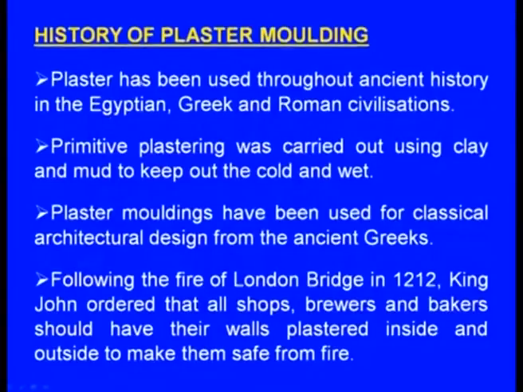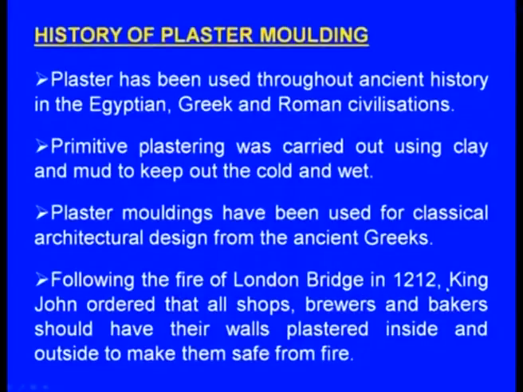Plaster has been used throughout ancient history in the Egyptian, Greek and Roman civilizations. Primitive plastering was carried out using clay and mud to keep out the cold and wet. Plaster moldings have been used for classical architectural design from the ancient Greeks.